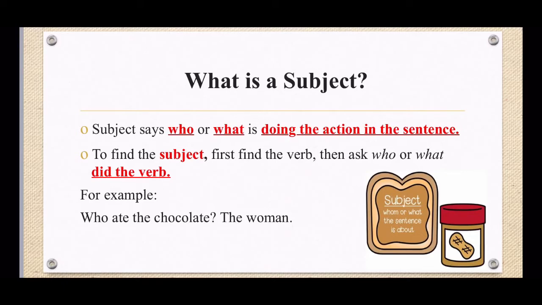The answer would be the woman. So, the woman is the subject of the sentence, right? It's telling us who or what the sentence is about, right? So the sentence is about the woman who ate the chocolate. So once again, a subject says who or what is doing the action in the sentence, right?